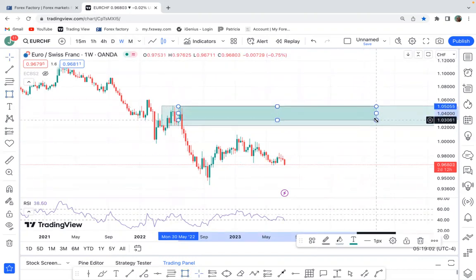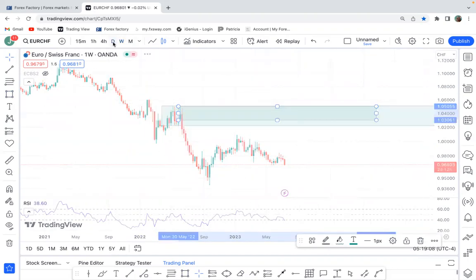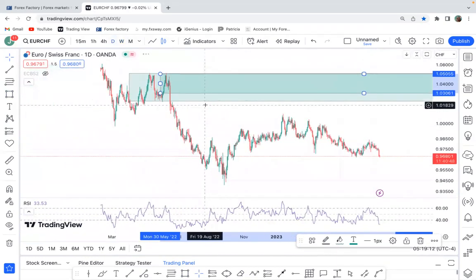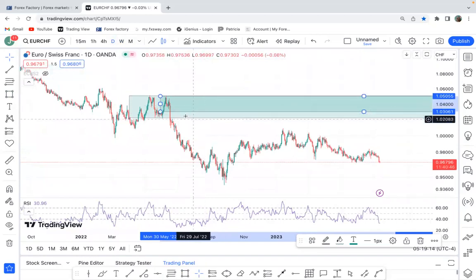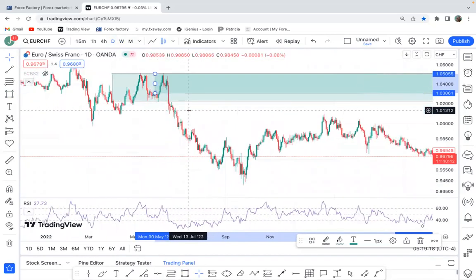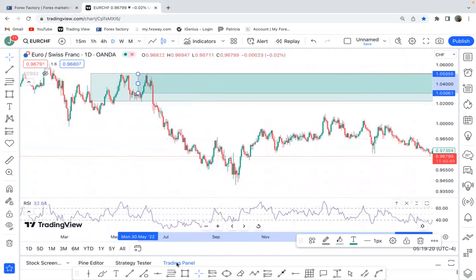So now we're going to drop down time frames again and do the same thing. So to the daily now, in that zone, we have a more precise bearish order block.